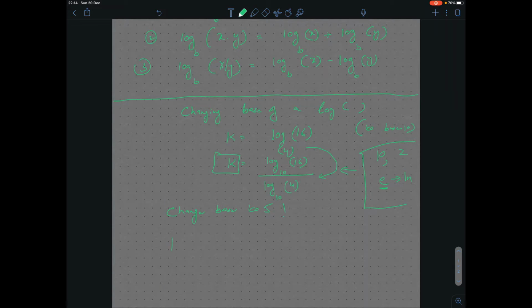So if k is equal to log of 16 to the base 10 divided by log of 4 to the base 10, you can rewrite that, by taking out the log of 4 with base 10, as 1 over log base 10 of 4 multiplied by log of 16 to the base 10.